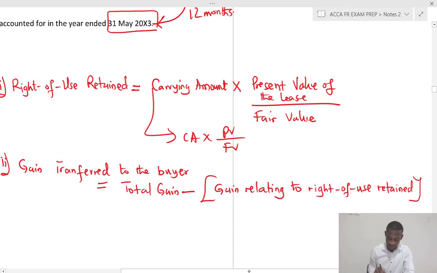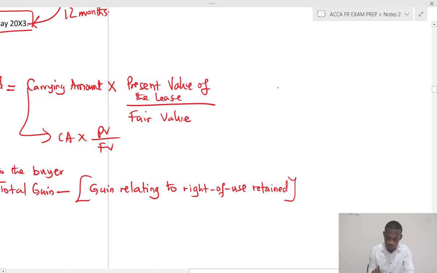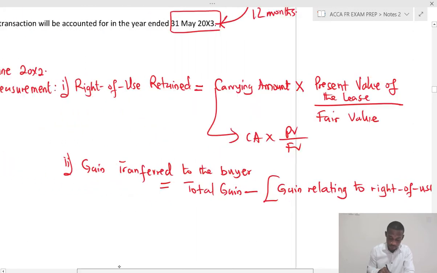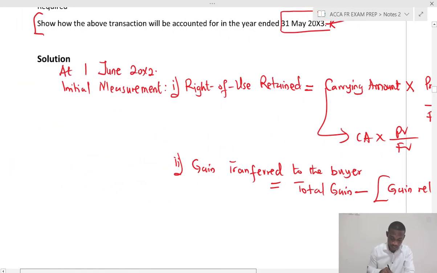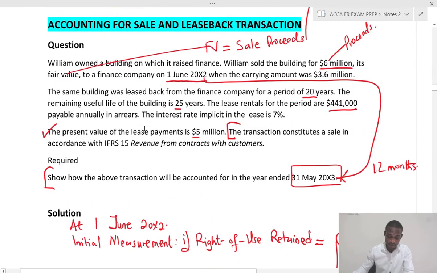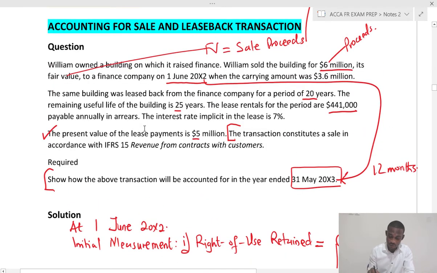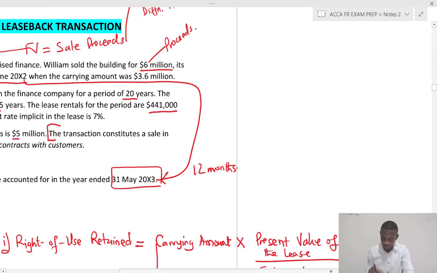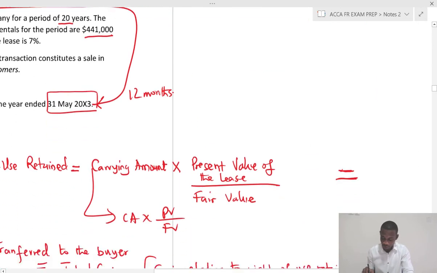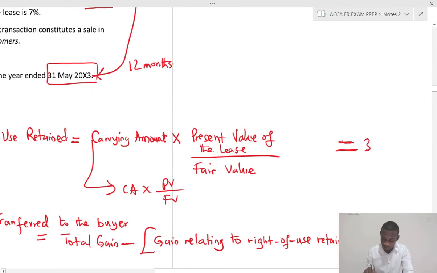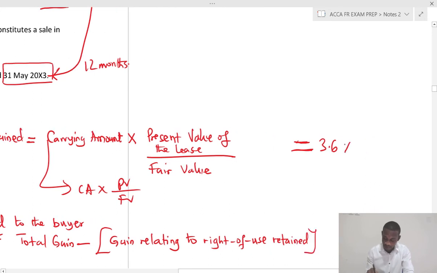So let's start. For the right of use asset, we need the carrying amount. From the question, the carrying amount of the asset was 3.6 million. Now times the present value. From the question, the present value of the lease payments was 5 million, and the fair value was 6 million.